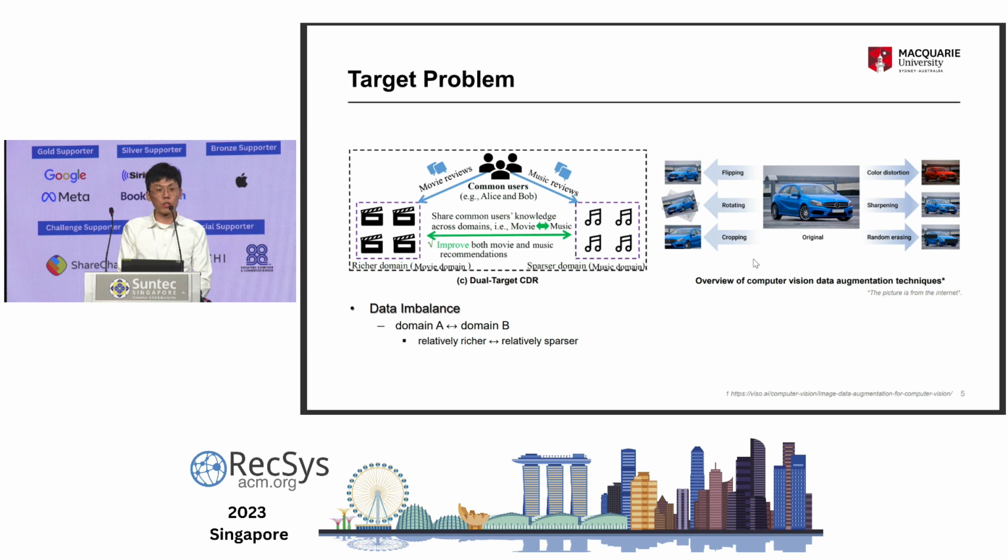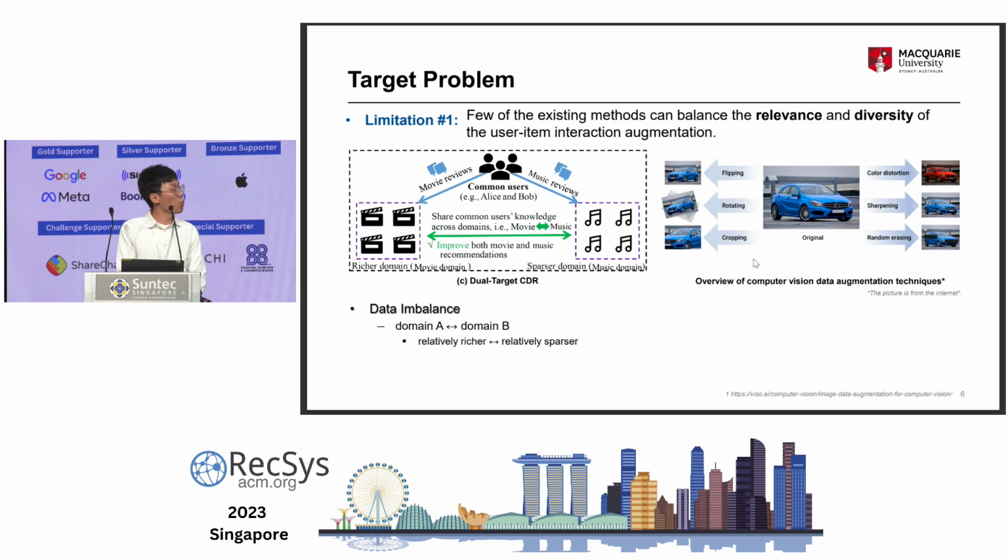They usually focus on relevance by learning the augmented user representations from the original data. So they will keep the relevance, but may be too conservative and do not have enough diversity. So limitation 1 here is that few of these methods can balance the relevance and the diversity of the user-item interaction augmentation.